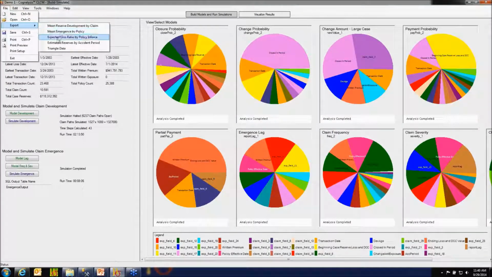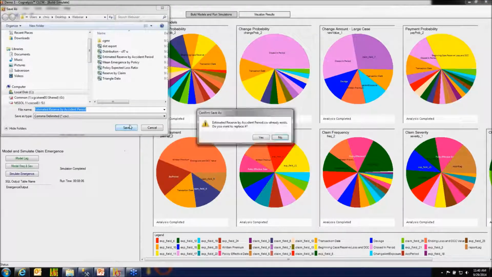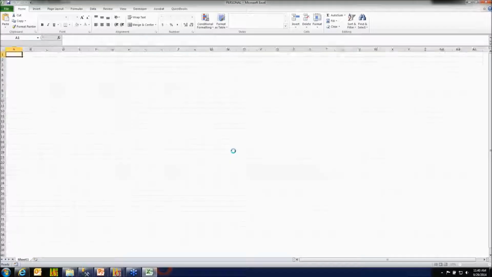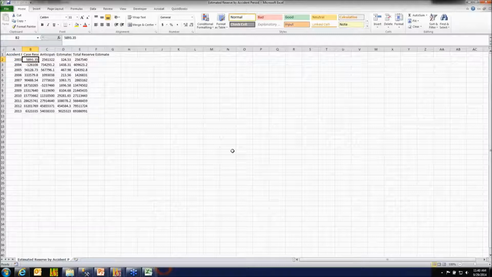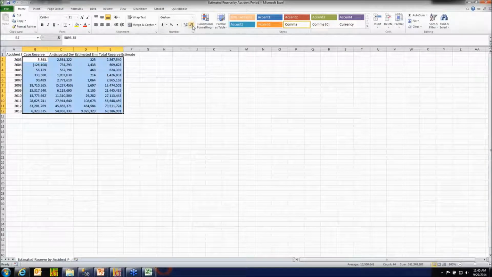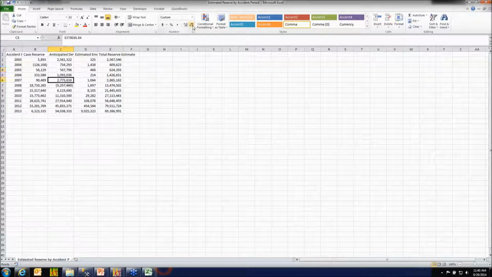Okay, and let's take a look at this next one. It's important for being able to reconcile to a more traditional kind of triangle analysis, and we'll open that up. All right, so this is putting in one place by accident period, we picked an annual time step here, but we've got our case reserve, anticipated development on that, estimated emergence, and total reserve estimate.